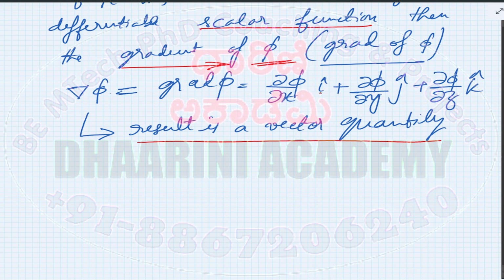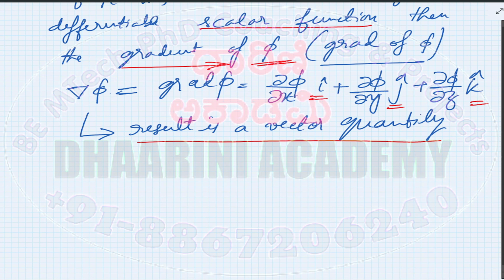Because you are multiplying by i, j and k. Phi is scalar, so dou phi by dou x is a scalar, but when you multiply by i, this becomes a vector. So we define the first function, which is called the gradient of a scalar field. So let's go ahead to the second function.